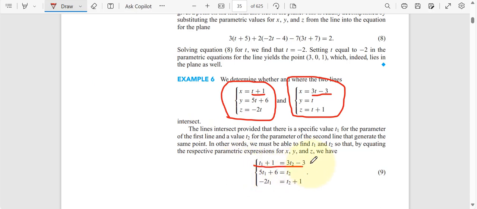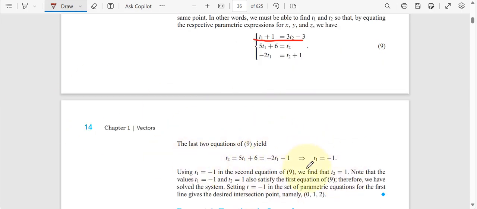So now we actually have three equations with two unknowns. That could mean that there's no solution, because we have more conditions than we have unknowns or variables. So it's more likely that there's no solution than that there is one. But there could be a solution, and that would require us to know what t1 and t2 are.